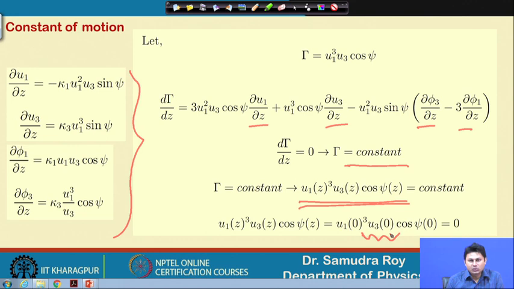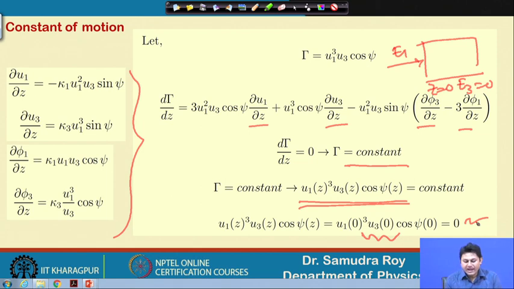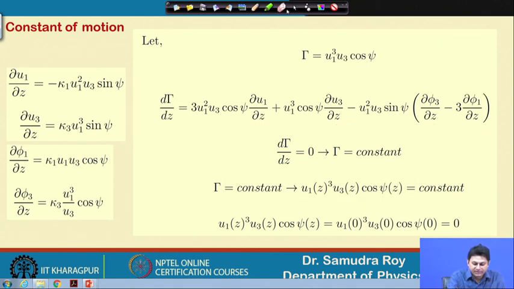Now, u3 at 0 is nothing but 0, because u3 is the amplitude of the third harmonic, and we already mentioned that when we launch an electric field E1, at z equal to 0 there was no E3. So, E3 is also 0. So, at z equal to 0, E3 being 0 means u3 at z equal to 0 is 0. So, the entire quantity here is 0.